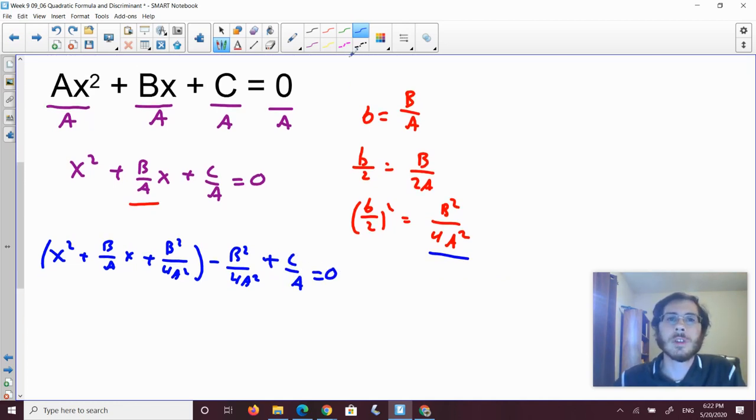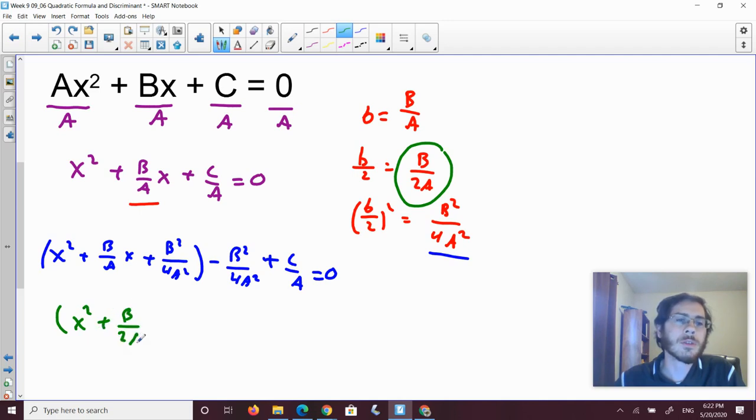All right, so far so good. We're going to go ahead and make our perfect square. So that gives us x plus b over 2a, all quantity squared.